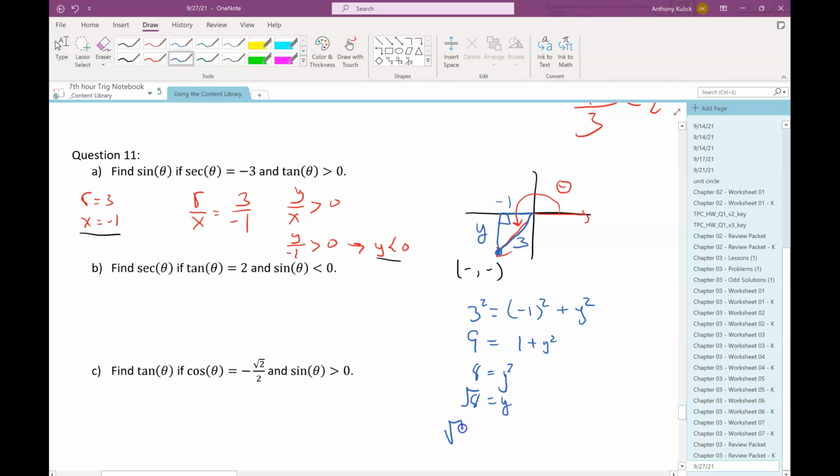And if you remember, the square root of 8 is the square root of 4 times the square root of 2, or we could call that 2 root 2. So this is going to be negative 2 root 2. Remember, I know this is negative because I know the y is negative. So my point here is negative 1, negative 2 root 2. That's the x and y point here.